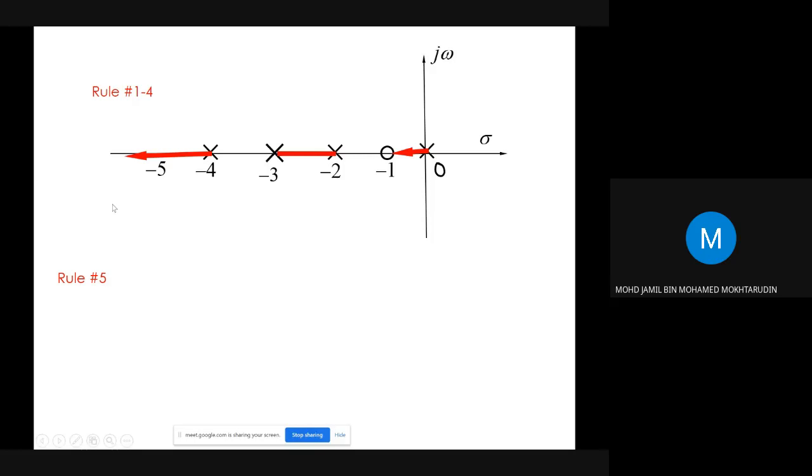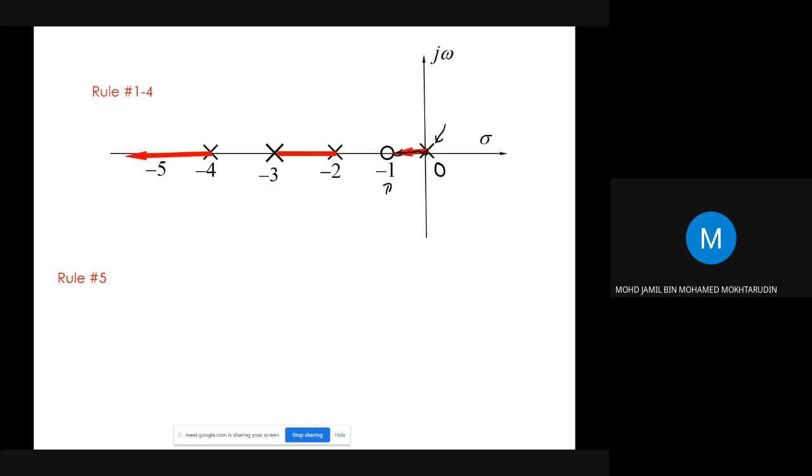If you use rule number 1 until 4, you will get the idea that the root locus will start from this pole here, going to the next zero. The other 3 poles cannot go to the zero at -1 because it's already used by this pole. So the other 3 poles must go to infinity. Kena pergi ke infinity.